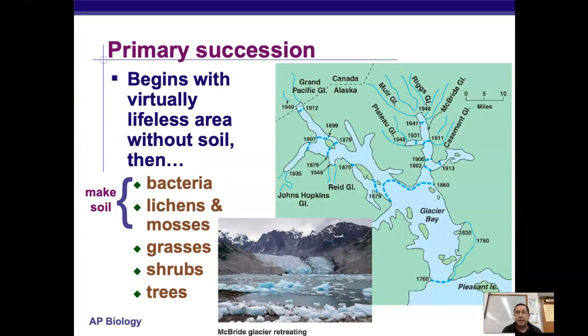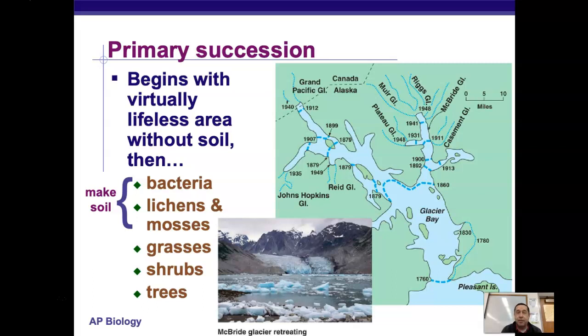So primary succession begins with a virtually lifeless area without soil. So like a new island forms, a glacier retreats, and you basically got bare rock. So you've got kind of the pioneer species, bacteria, lichens, mosses that come in. They're very hardy.